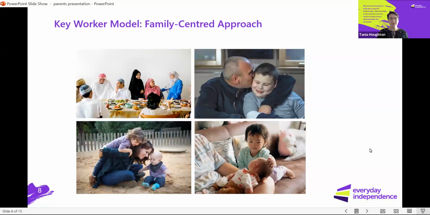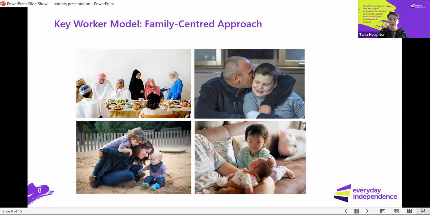We mentioned family as being one of those F words, and the key worker model fits really nicely into that family-centred approach, because that one key worker allows for one person getting a really clear understanding of what the family's needs are. And that can be from a cultural perspective.